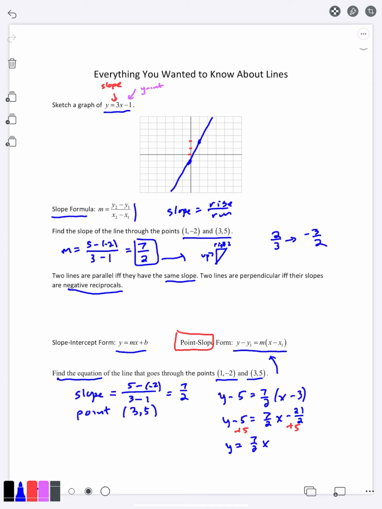Negative 21/2 plus 5 is going to be negative 11/2. Feel free to use your calculator to help you out with that. And so that right there is going to be the line that goes through these two points. And you can pretty much guarantee you're going to see problems in the future that ask you to find the equations of lines.